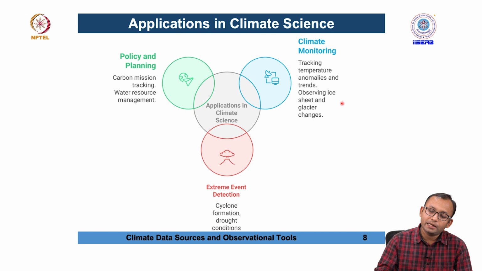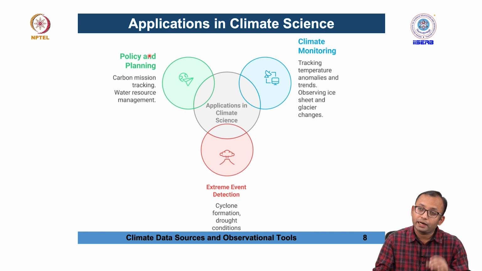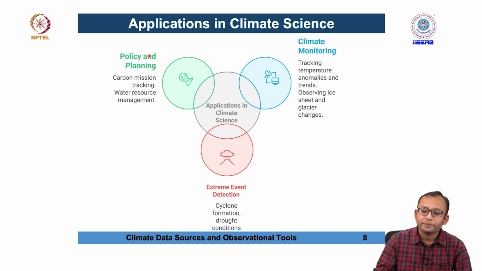Based on trend analysis, anomaly detection and so on, we can do some sort of climate monitoring based on those data sets, and then based on that information we can plan certain mitigation steps or policy making, so that the extreme events at those particular locations can be slightly minimized, which can reduce the risk further. So that is the advantage of having good quality data and longer time record data to monitor climate change in certain regions like that.